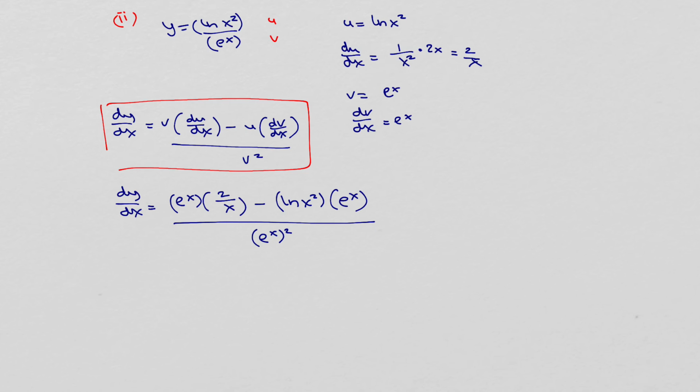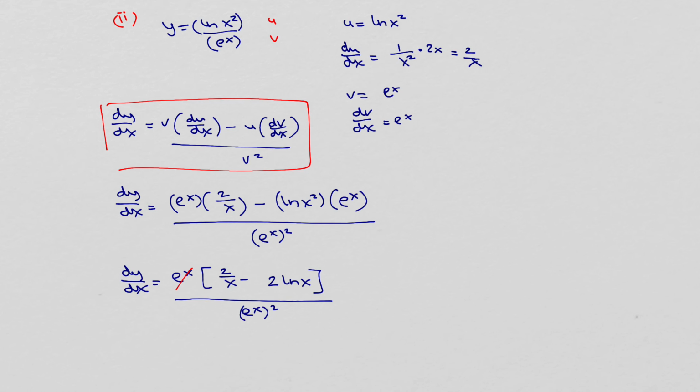So what we need to do now really is tidy up. So I can see I have an e to the x common on the top. So if I take that out as being common, I have e to the x times 2 over x minus an ln x squared can be written as 2 ln x, over e to the x squared.